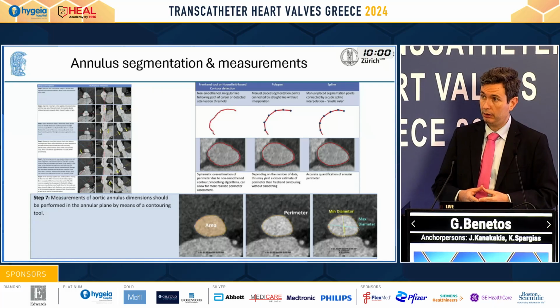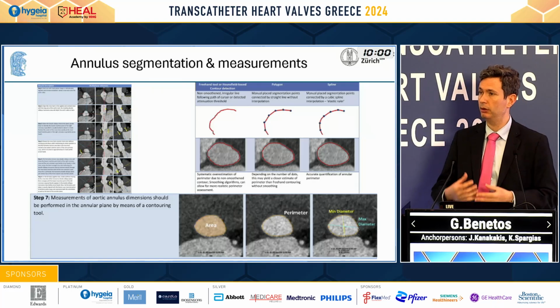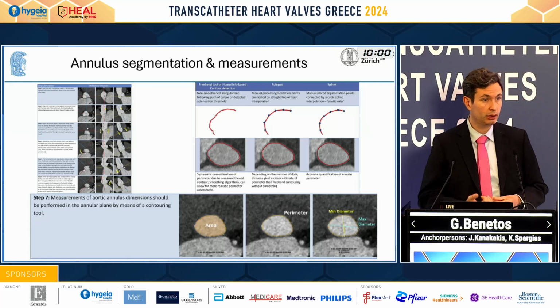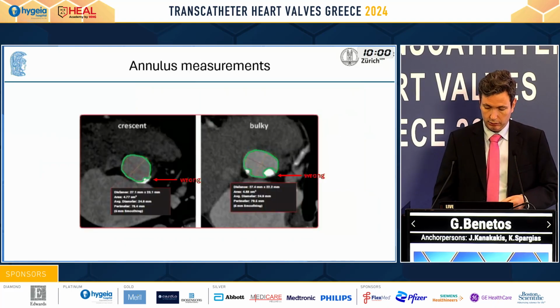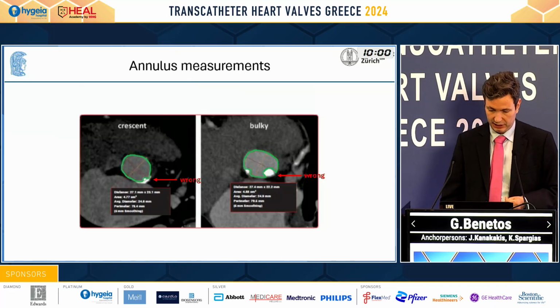We care about both area and perimeter, and the minimal and maximal diameter of the aortic annulus. Area is mostly used for Edwards, perimeter mostly for Evolut R, in order to decide which size fits best for our patient.